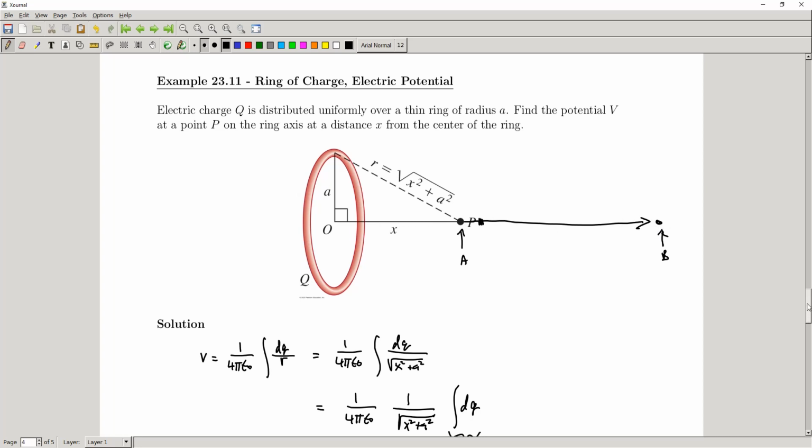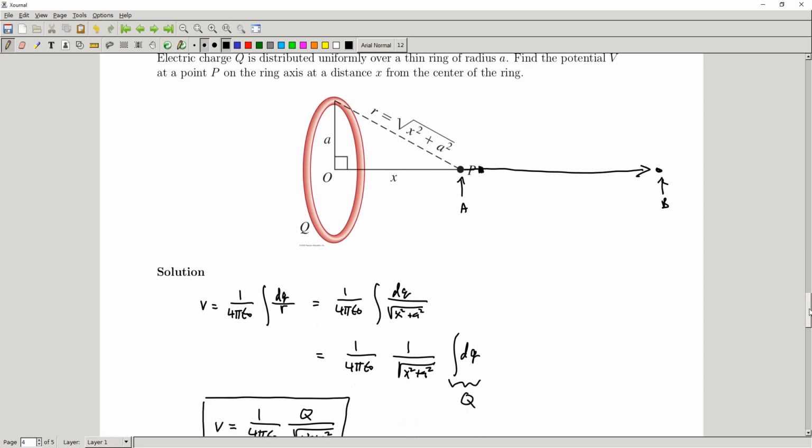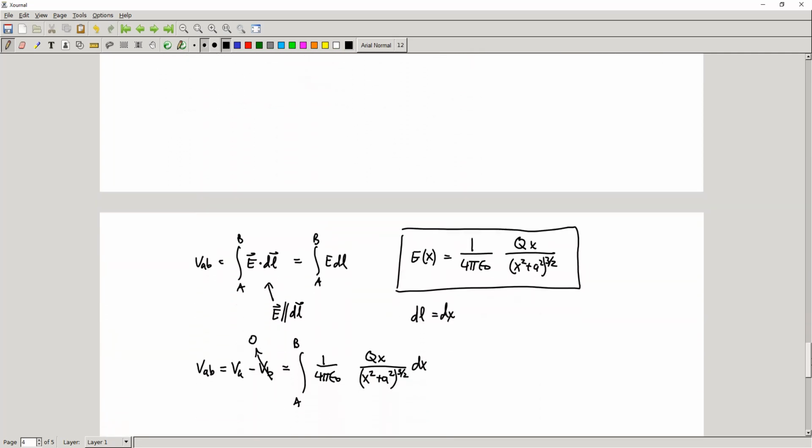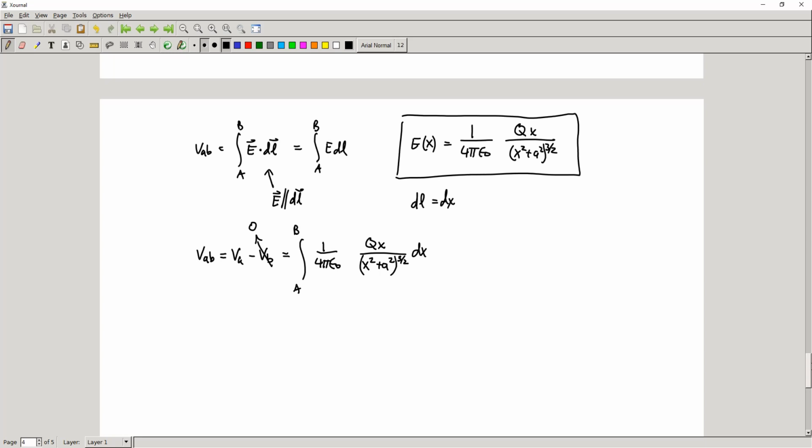So let's set B an infinite distance in x away from our ring. Let's set B at infinity, and let's set A at some value, whatever value we want, x. Again, we're integrating in x, and one of our limits is x, but that's fine. It's going to work out fine in the end.